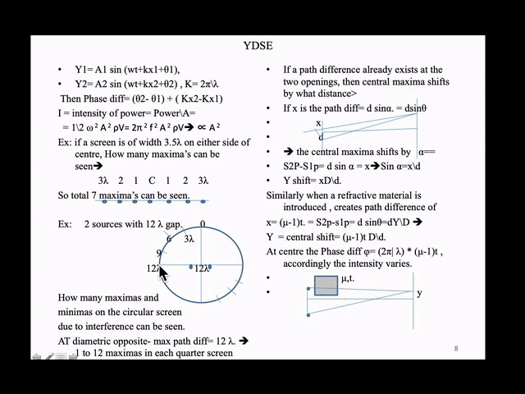In the first quarter, 0 to 12, I will have places at 1 lambda, 2 lambda, 3 lambda, up to 12 lambda, all integer lambdas, where I will have constructive interference. So in each quarter I am getting 12 bright fringes and 12 dark fringes. So in total 4 quarters will become 48 bright and 48 dark fringes.